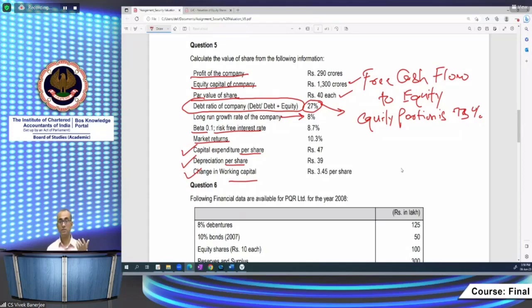In my previous lecture on valuation of equity shares, I explained how the cost of equity capital can be calculated with the help of the CAPM model, along with the equity risk premium and market risk premium. So we have all discussed this during our previous lecture. So let us calculate it.